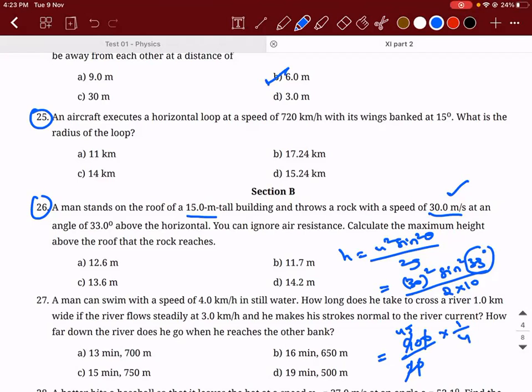So what is the answer, guys? Let's say it is 2.1. Then 21 into 21 is 441, right? It will be somewhere around 4.41. So 45 divided by 4 is somewhere around 11 something. So what is the answer?